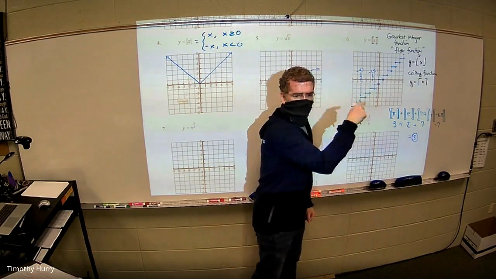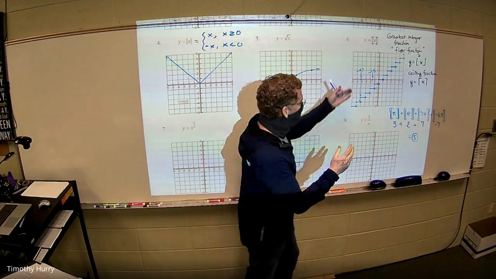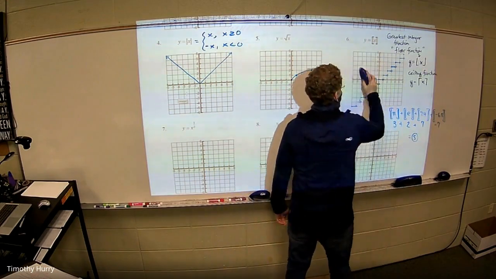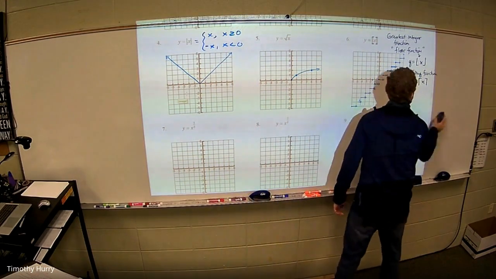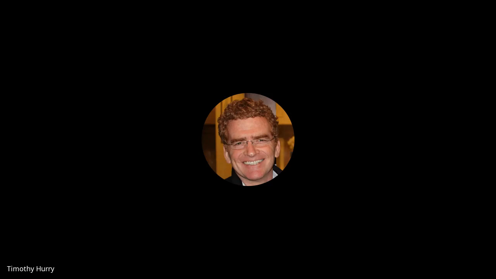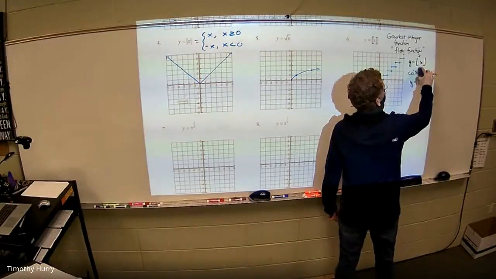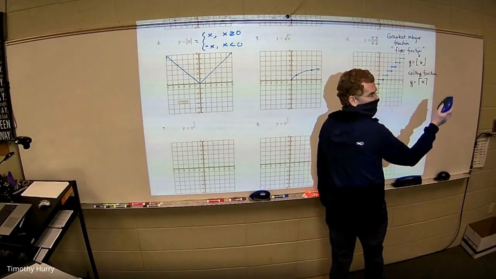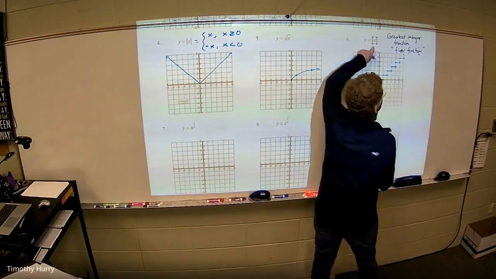So on all of these, I'm rounding down. So that's the greatest integer function. And then moving on, and by the way, a ceiling function exists as well, and I'm not going to use either of those on your test, so you don't have to know those. I'm just going to use this one.